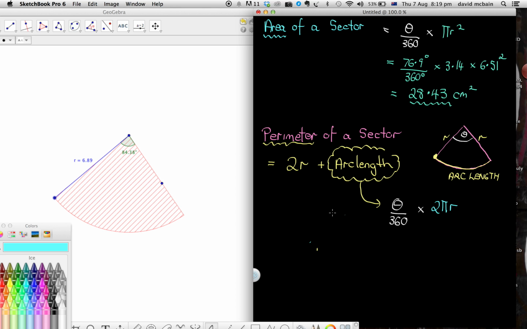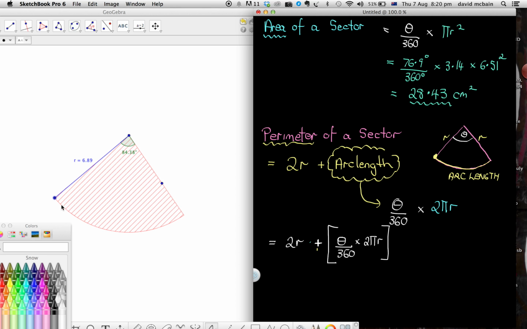Anyway, to work out the perimeter of a sector, if we put all this together, it's going to be 2r, where r is the radius of the sector, plus theta over 360 times 2 pi r. Now, remember, always do this part first, and the last thing you do is add on your 2 times the radius, okay?